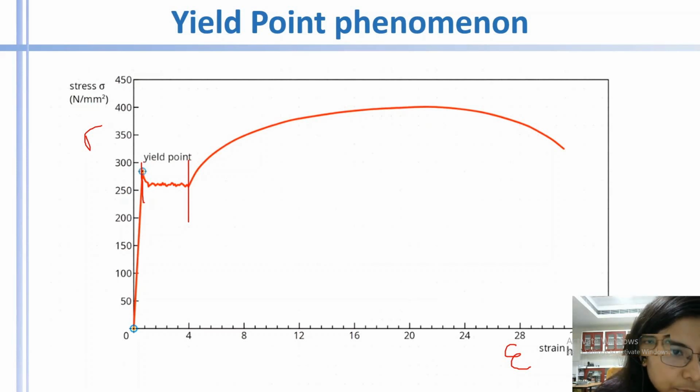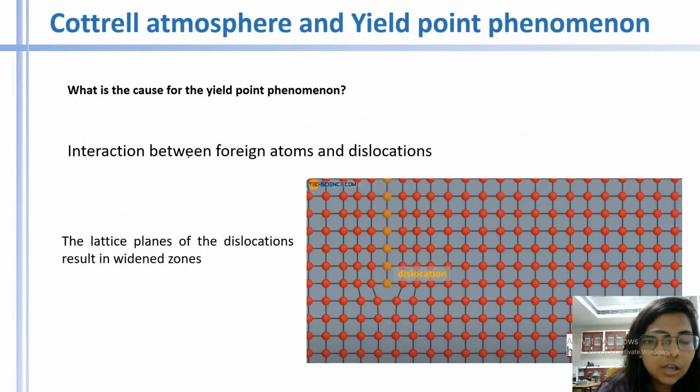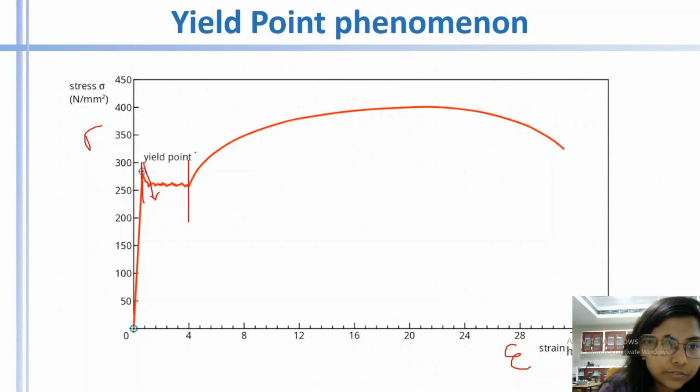Now at some point there is a certain drop in the stress strain curve, followed by this zigzag part. This point is called the yield point. Very specifically, there is an upper yield point and a lower yield point. And this phenomenon is called the yield point phenomena.